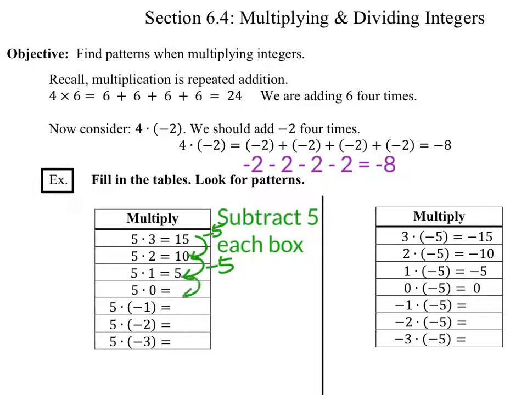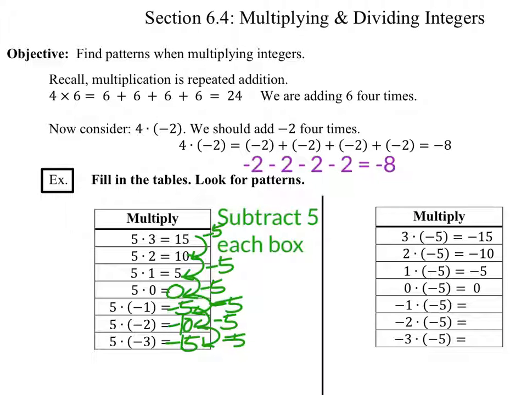So if we took this pattern and subtracted 5, we'd get 0. Continuing this pattern of subtracting 5, you get -5. Then subtracting 5 again, you get -10. And again, subtracting another 5, bam, -15.